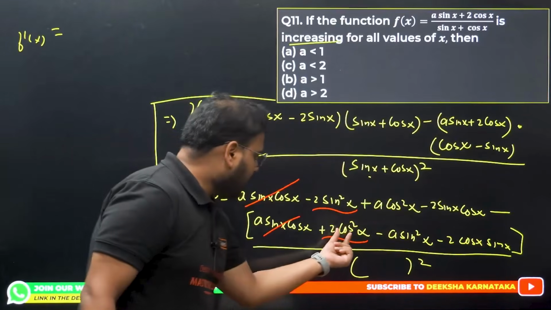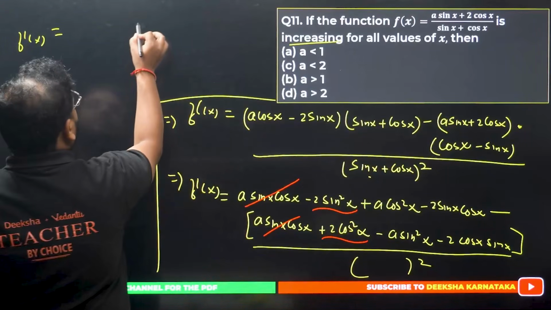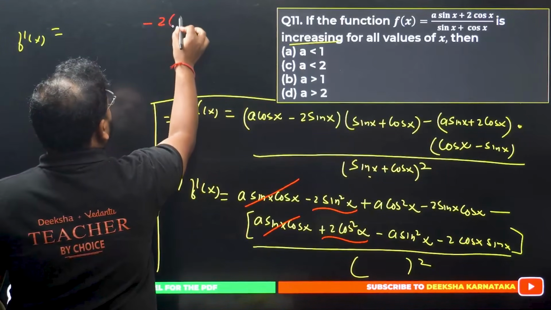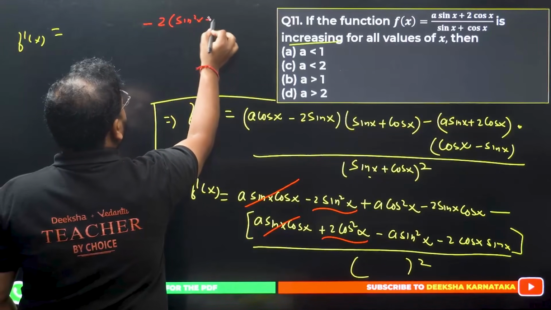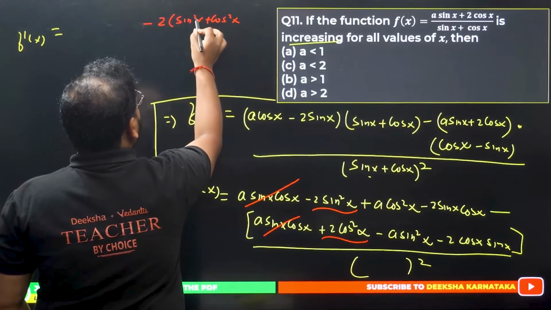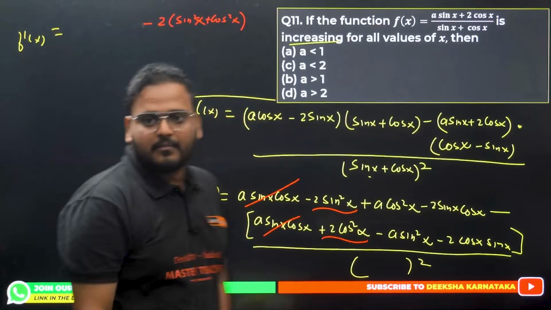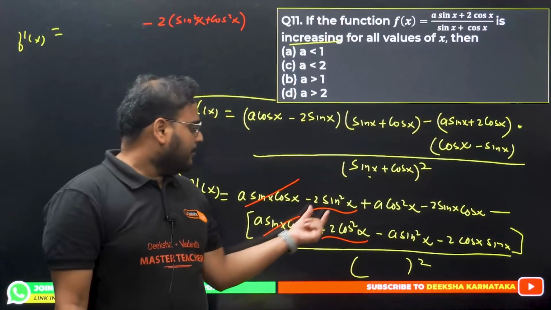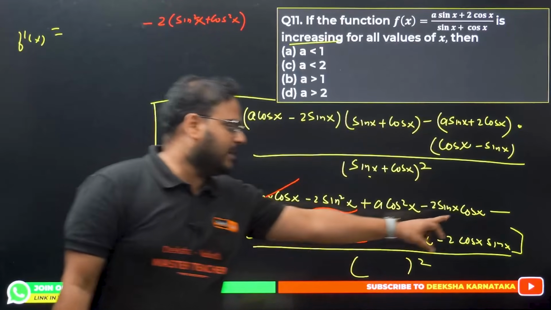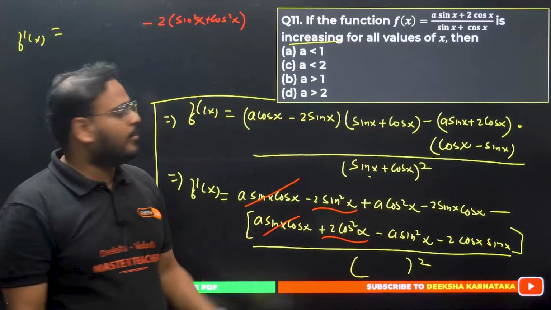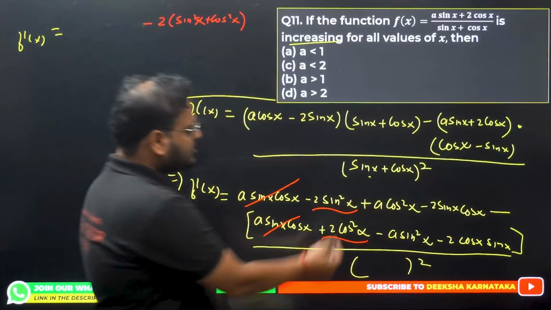I'm taking this minus 2 common. It becomes sin square x plus cos square x. These two terms are gone.